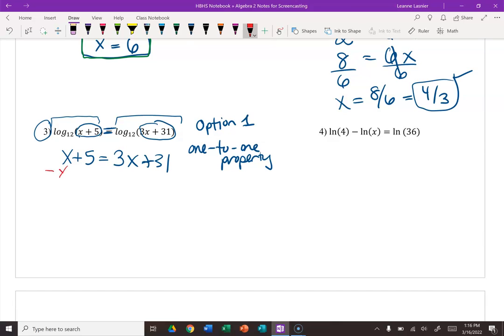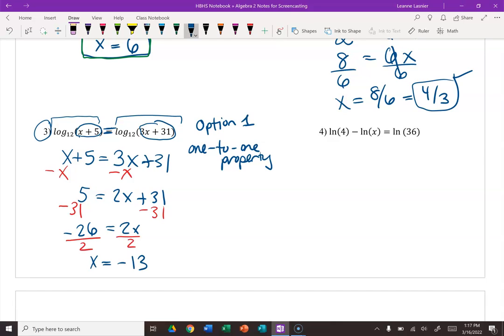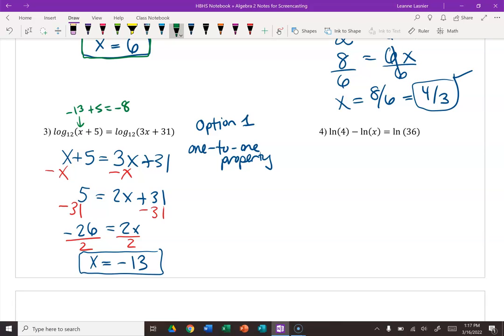I'm going to combine the variables together on one side and then isolate it by moving the numbers to the other side and then getting x alone by dividing. So for number 3, I get x equals negative 13 as my solution. So I just need to check and make sure that I'm allowed to plug that into these 2 different logs. On this side, if I plug in a negative 13, that would get me a negative value.